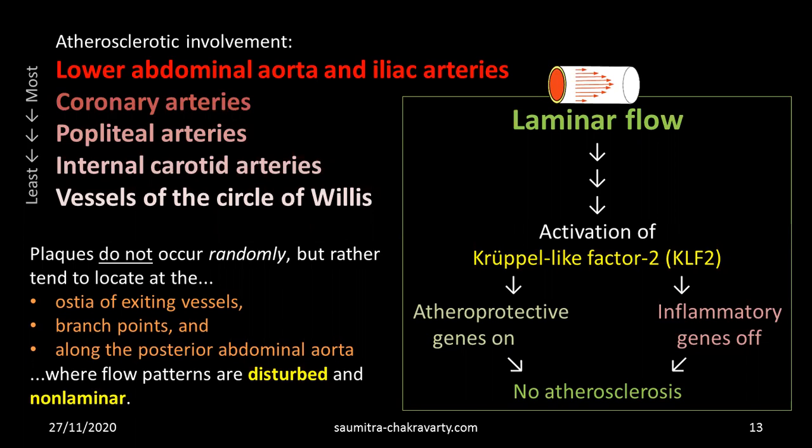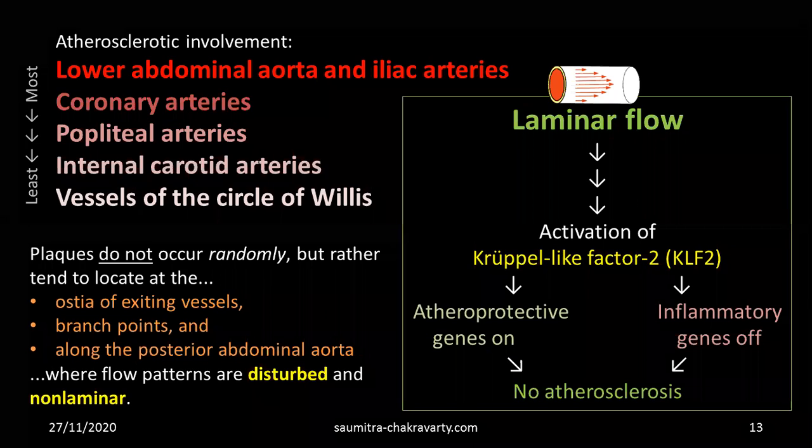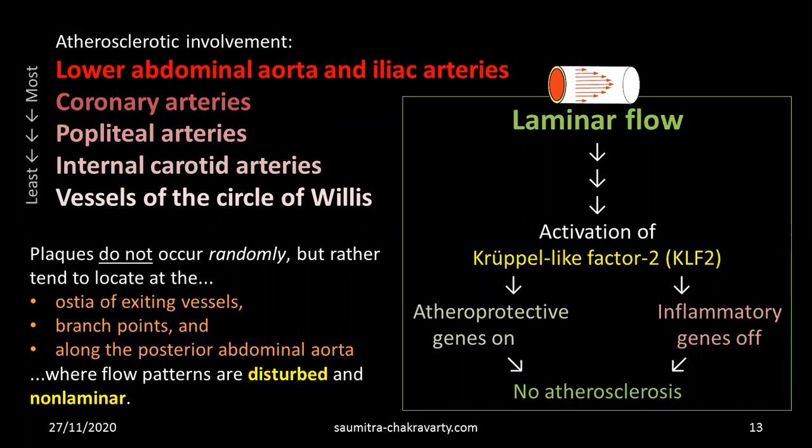The most common place for atherosclerotic involvement is the lower abdominal aorta and the iliac arteries. Sometimes the lower abdominal aorta ranks first and iliac arteries second, sometimes iliac arteries come first and lower abdominal aorta second, but coronary arteries are most definitely not the champion here, merely getting a bronze medal. Okay?